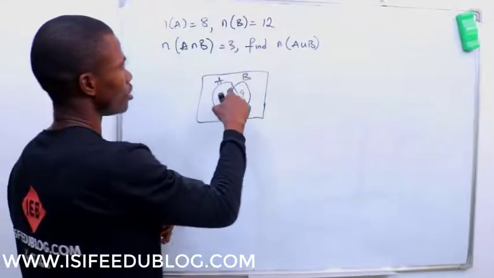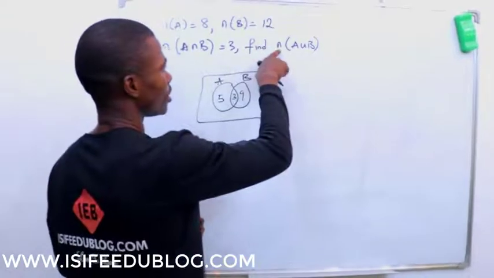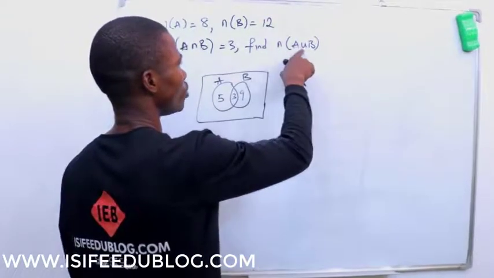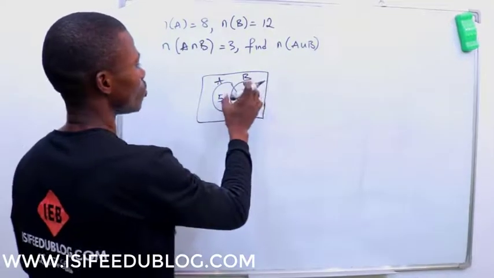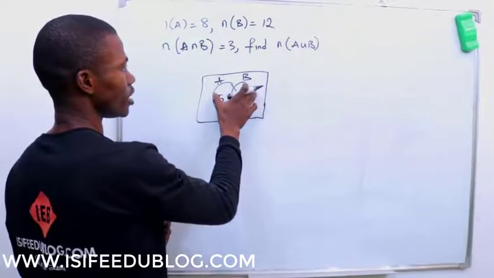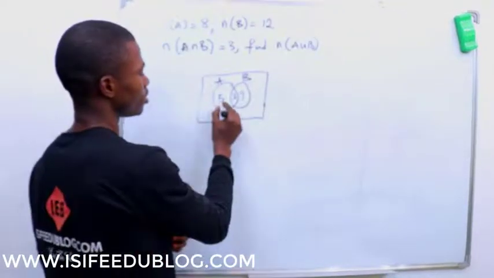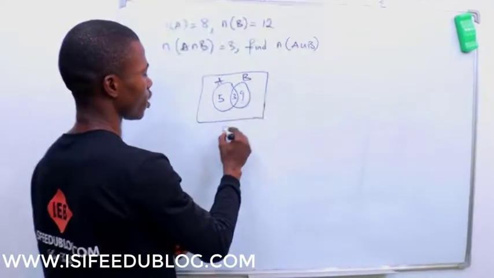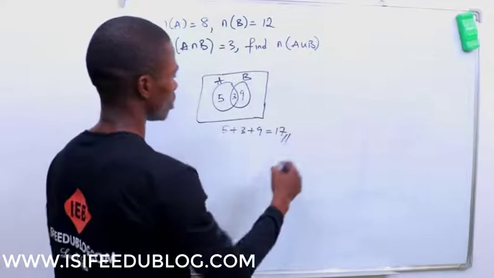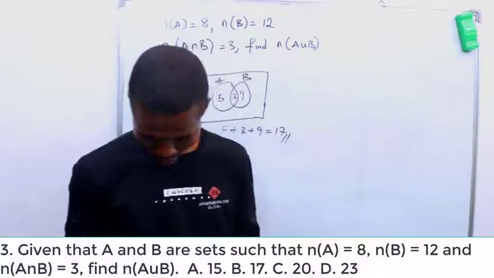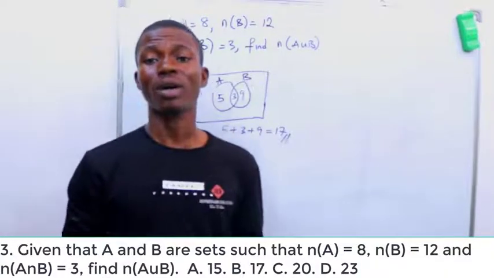Our question is to find the number of elements in A union B. A union B is when you join everything in A and B. So everything in A and B is 5, 3, and 9. So 5 plus 3 plus 9 will give us 17. So our answer, 17, is option B, our number 3.